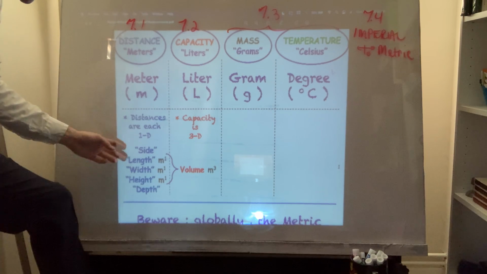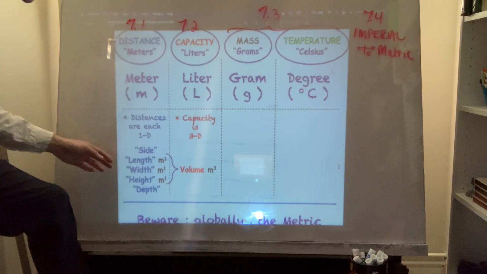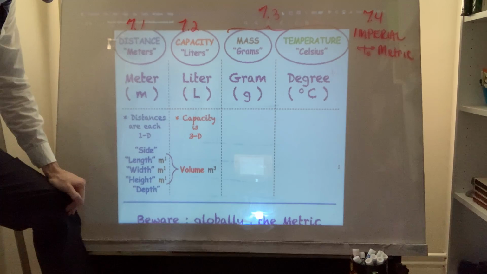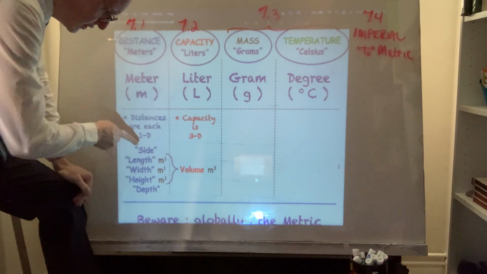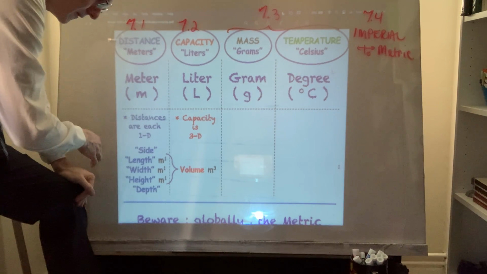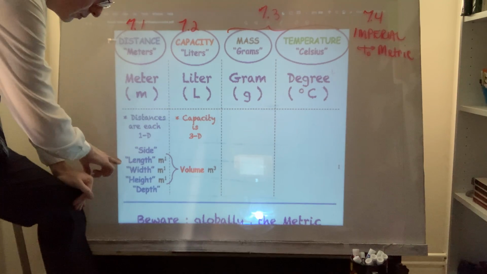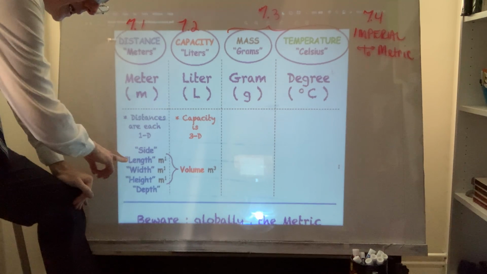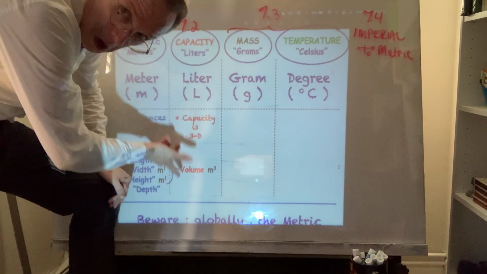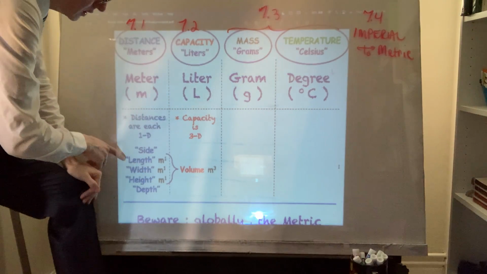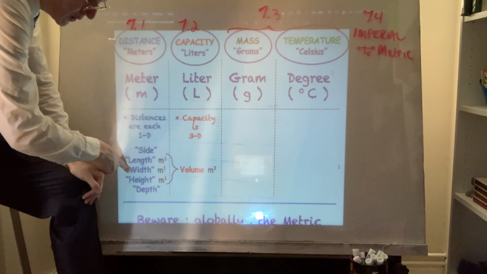You could, say in the case of something like a rectangle, be slightly more specific, and instead of referring to something generally as a side or a distance, you could refer to it as a length. And then to distinguish it from other sides, call the second thing a width.